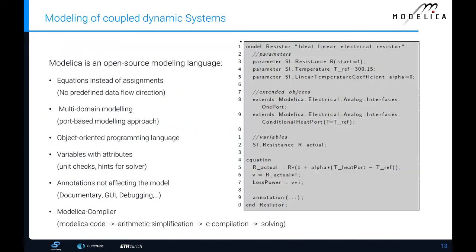These are six points, and I think with this kind of modeling language, it is very easy to do this multi-physics, this bond graph approach. With other languages, it is also possible, but I think it's much easier with Modelica.